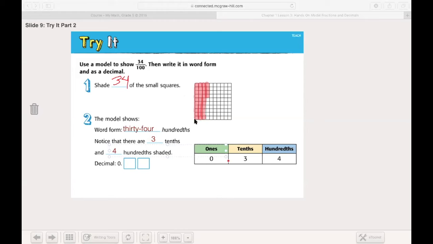So there are 3 whole columns, those are 3/10, and 4 little bitty squares, those are the hundredths. The decimal reflects that. 0.3 is 3/10, as in 3 whole columns, and then 4/100. That is how you would represent 34/100. Let's talk about it.